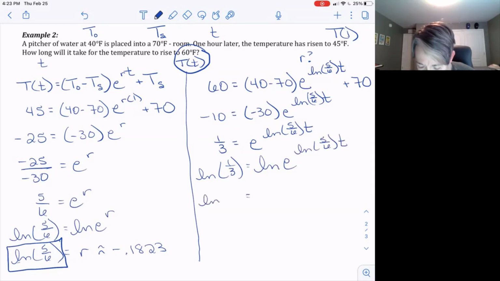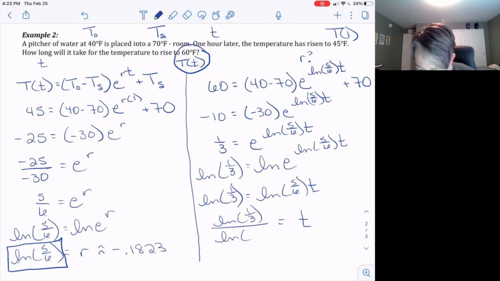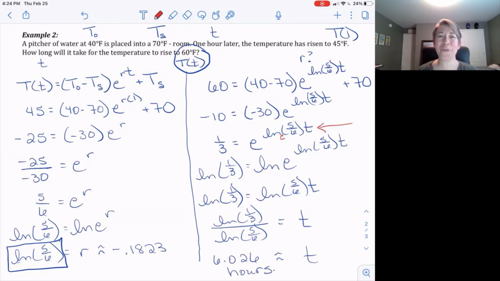So we get the natural log of 1/3 equals the natural log of 5/6 times t. Divide both sides by the natural log of 5/6, and we get t equals the natural log of 1/3 divided by the natural log of 5/6, which is approximately 6.026 hours.